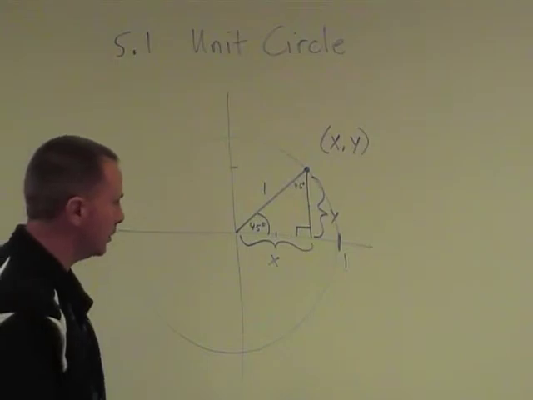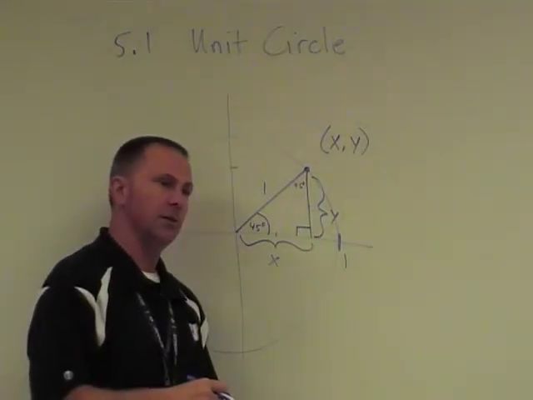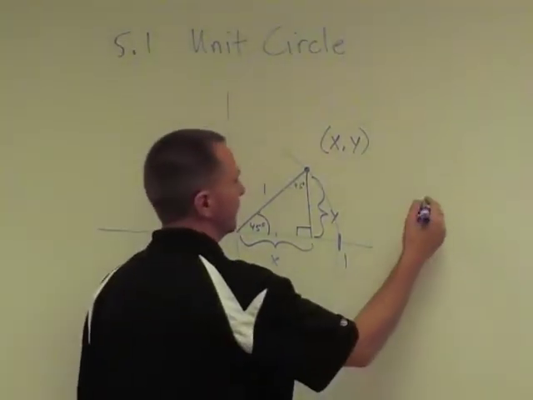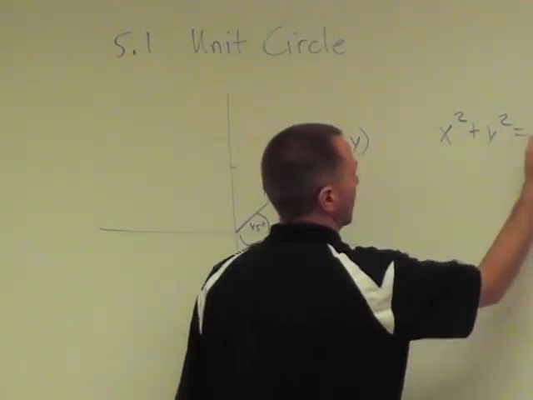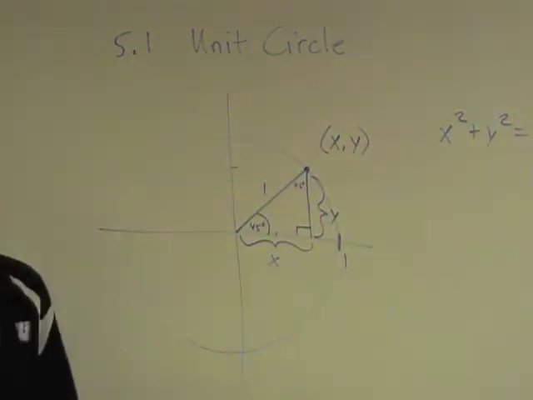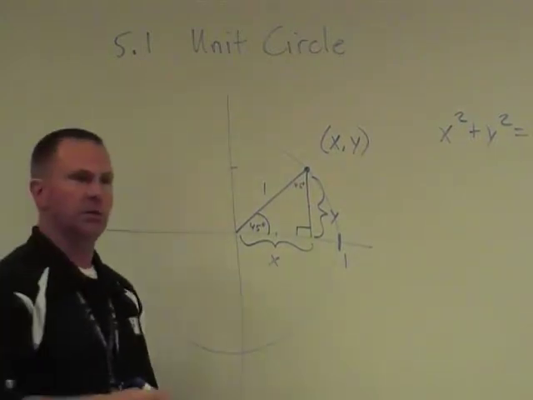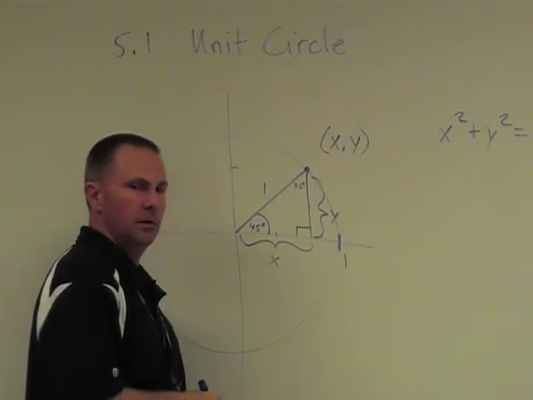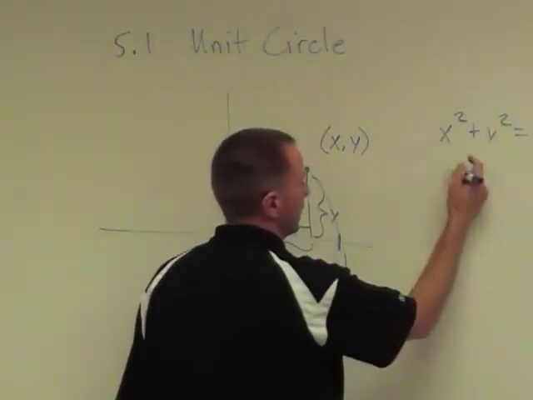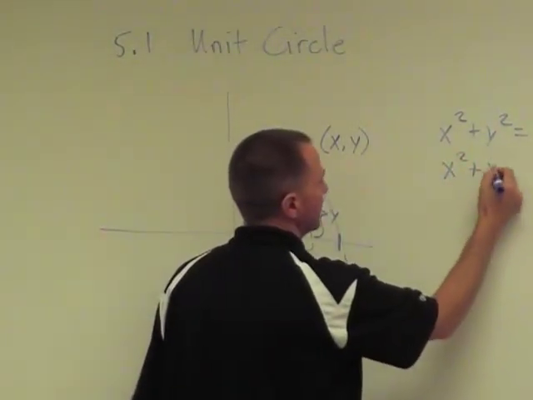So let's see how they come up with this. If you remember algebra, you were taught what a 45, 45, 90 degree triangle was. If not, no big deal. Let's figure it out. x squared plus y squared equals r squared. Two of the legs squared added together equals the hypotenuse, which is your radius, squared. If x and y are the same, I can rewrite this like this.